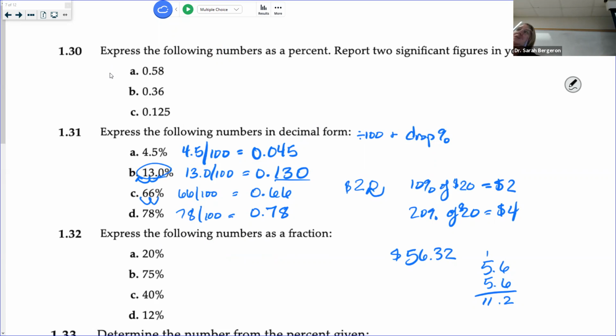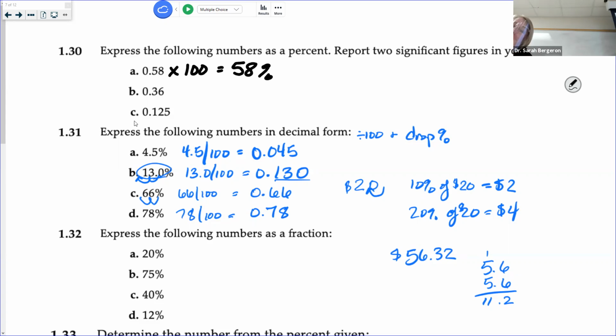Okay. All right, now there are other forms that we have to be able to switch between. A lot of times we have to switch between decimal format and percent. So if I have something in a decimal format, how do I get that to a percent? I multiply by 100. So what do I get? Did my final answer have the same number of significant figures as my original value?